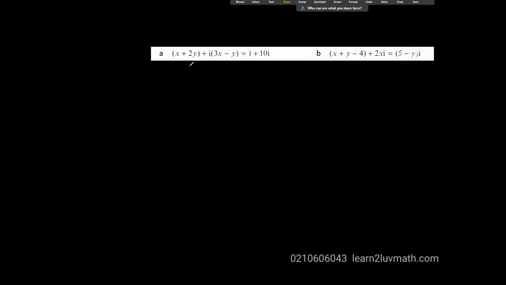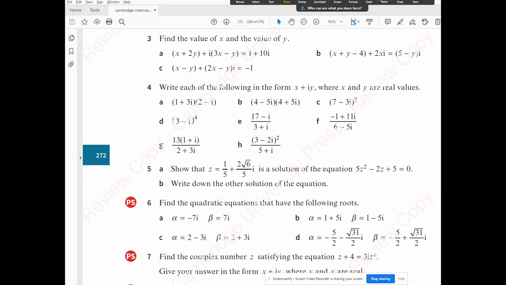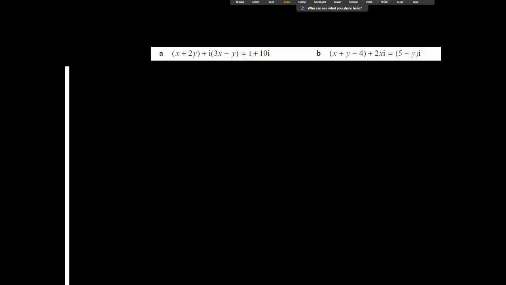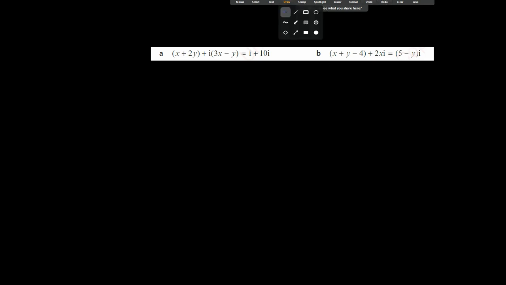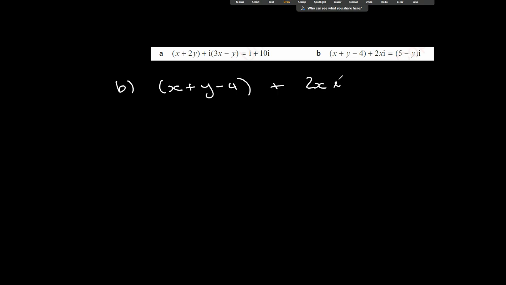All right, so question 3b. The question is asking us to find the value of x and the value of y. So think about the idea of equating coefficients. With that in mind, for question B, I've got x plus y minus 4 plus 2xi equals 5 minus y (i).